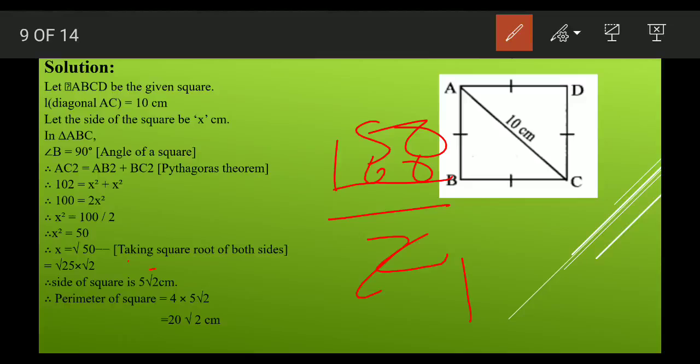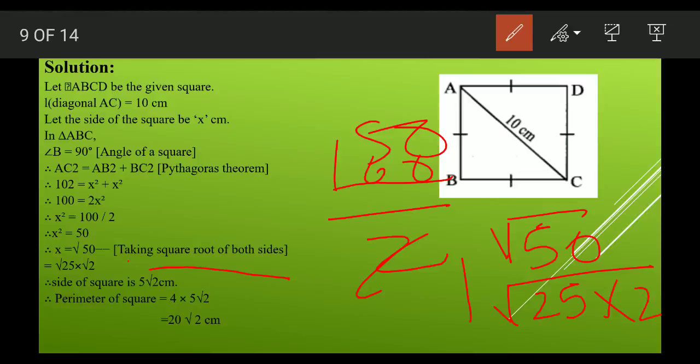Taking square root on both sides, the square root of 50 can be written as square root of 25 multiplied by 2. The square root of 25 is 5, and the square root of 2 is root 2. Therefore our answer is 5 root 2.